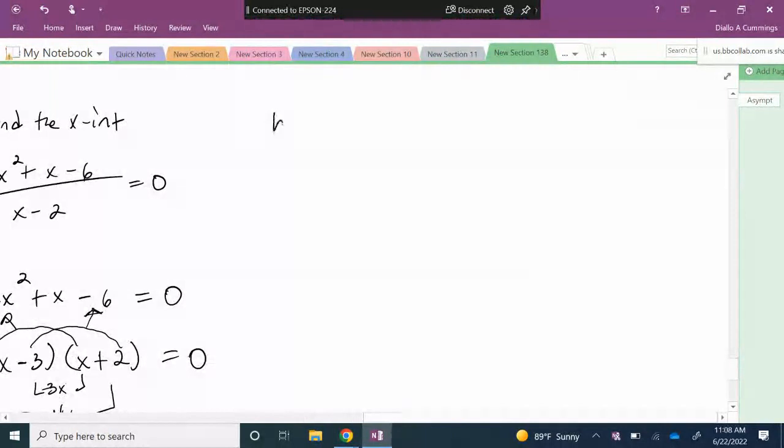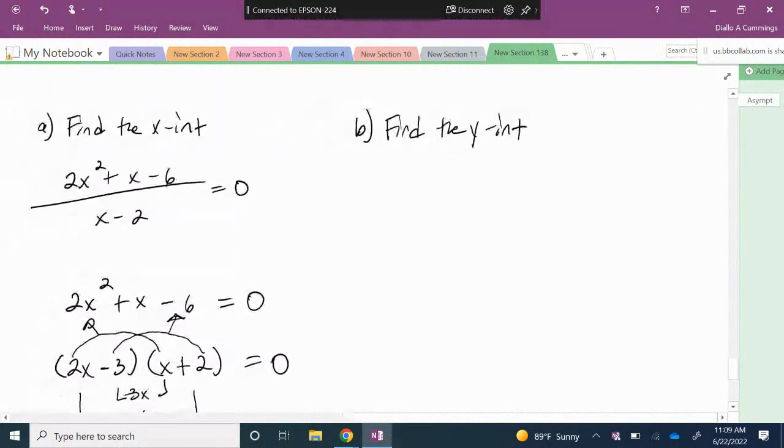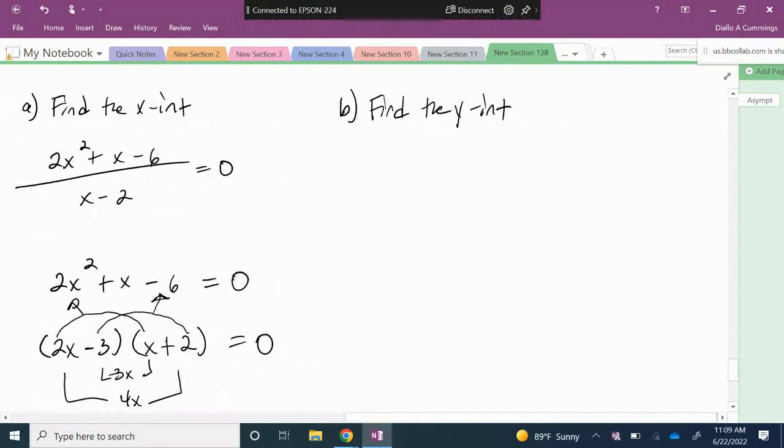And now we're going to find the y-intercept. So we're going to let x equal to 0. So we have f of x is equal to 2 times 0 squared plus 0 minus 6, over 0 minus 2.